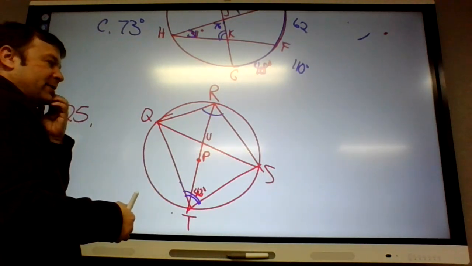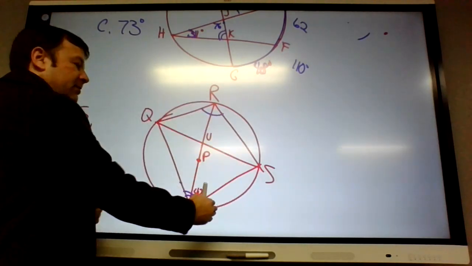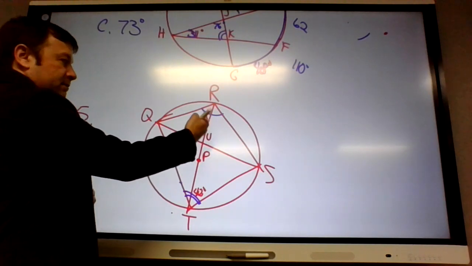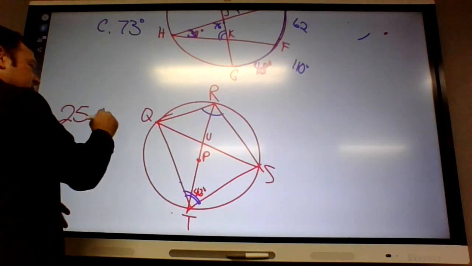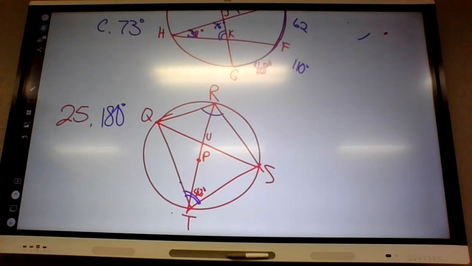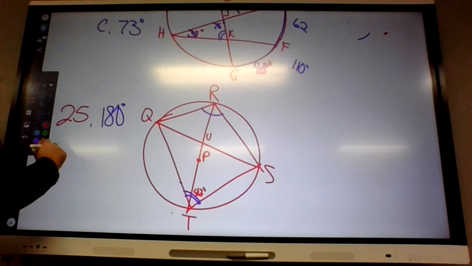So what are they going to add up to? 180. Together they hit the entire circle, 360, but they're half of their parts, so half of 360. So yeah, it's 180. Probably the only time they'll ask that question.